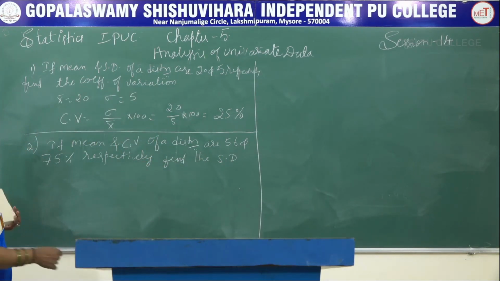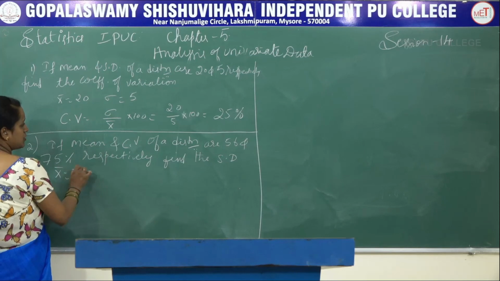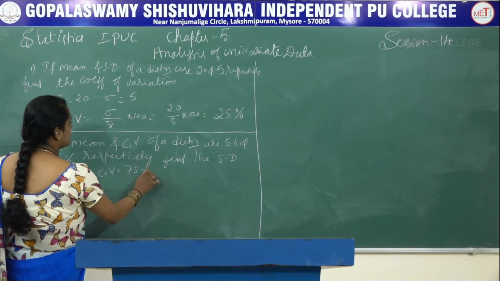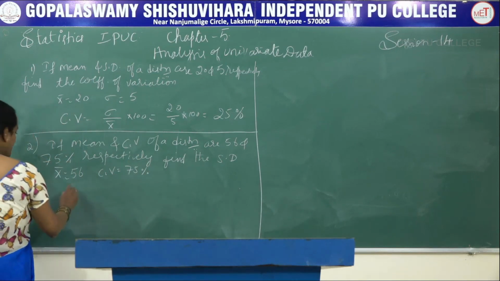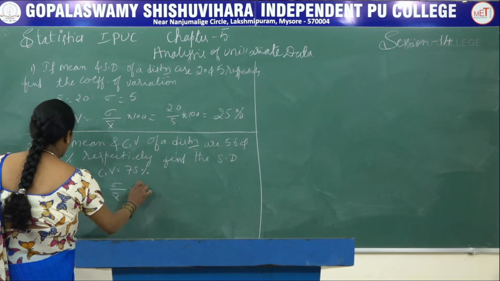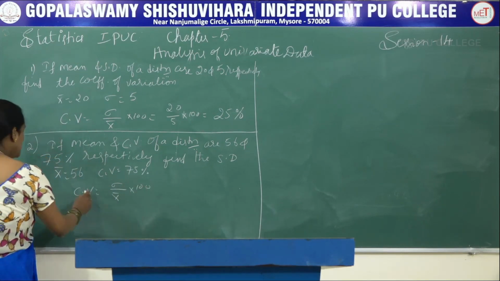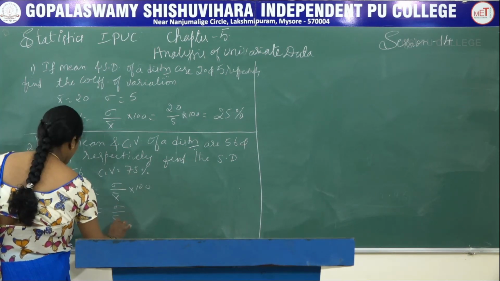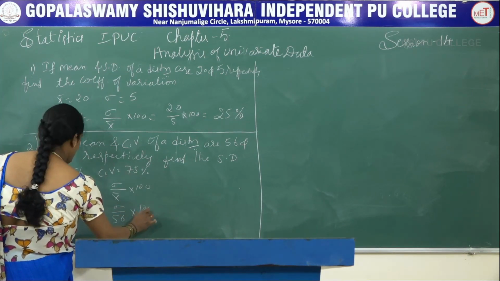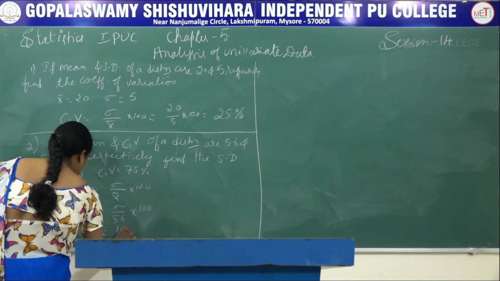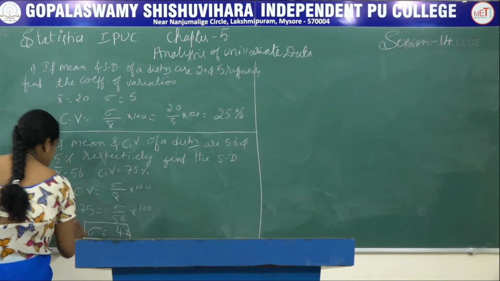Here they have given the mean value, that is x bar is equal to 56, and CV value, that is 75%. We have to find standard deviation. So CV is equal to sigma by x bar into 100. CV is equal to 75. This is equal to sigma by 56 into 100. So you take the cross multiplication and simplify. You will get sigma is equal to 42.